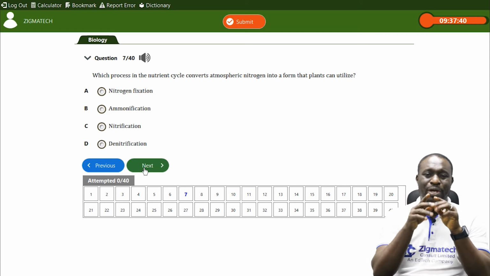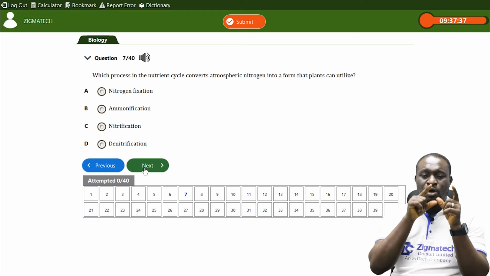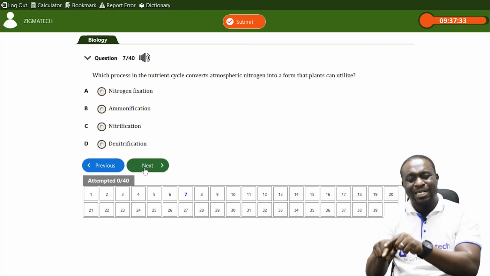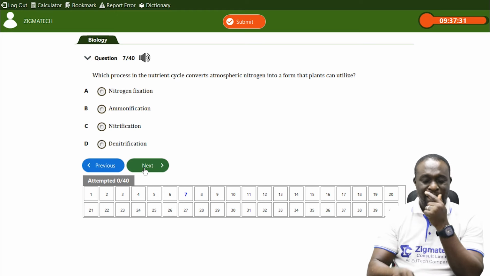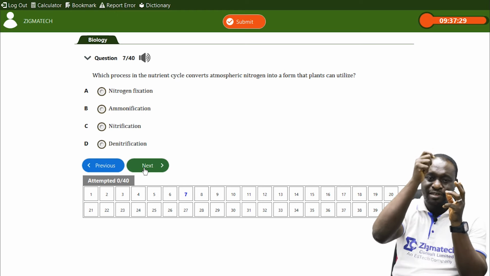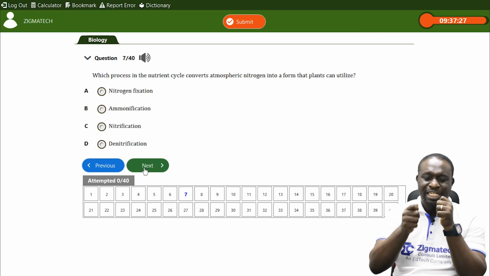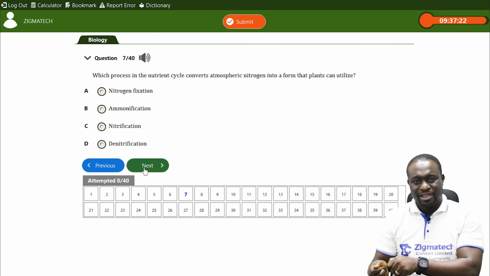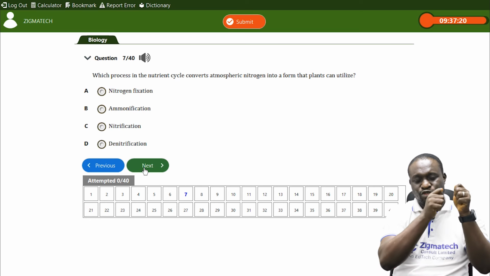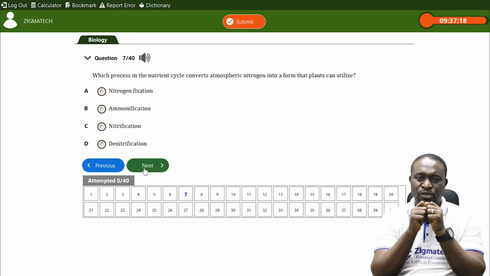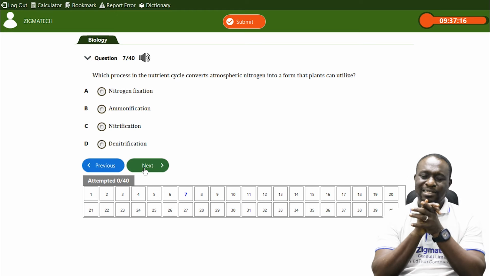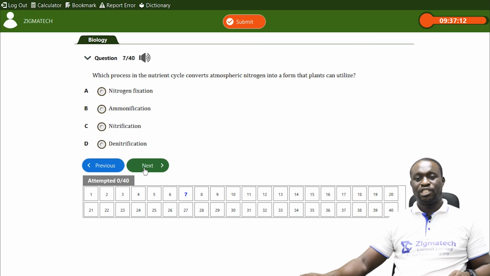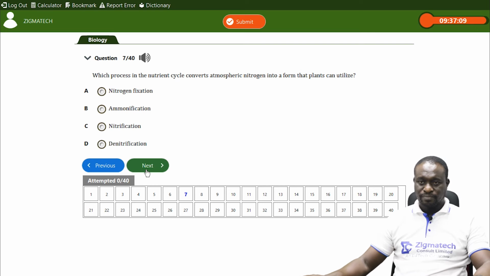But in the question, they said converts atmospheric nitrogen into a form that can be utilized by the soil. It simply means you're bringing atmospheric nitrogen to the earth. But denitrification is converting nitrate, which is in the earth, to atmospheric nitrogen. So it's going back to the atmosphere. So the correct option or answer to this question is A, which is nitrogen fixation.